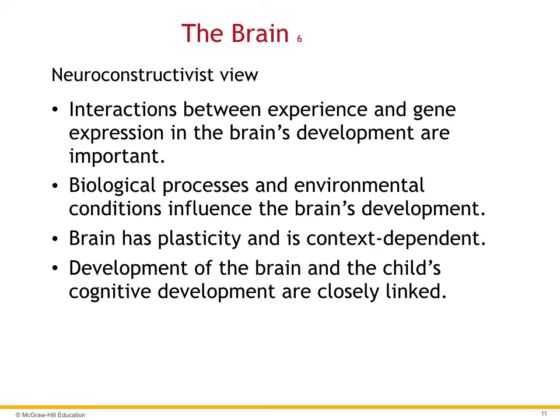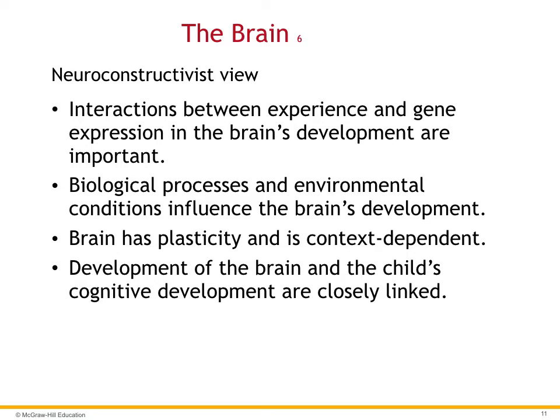Neuroconstructionists view interactions between experience and gene expression in the brain's development as really important. This is going to help us develop our language. Biological processes and environmental conditions influence the brain's development. Those environmental conditions are things that you can really manipulate in a child's life to make sure that they are having the right conditions for the best brain growth.